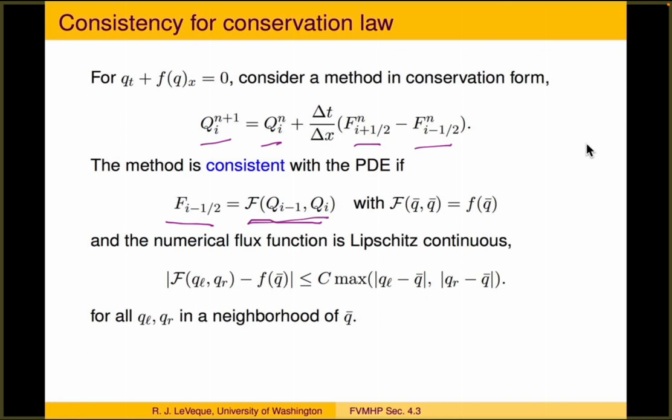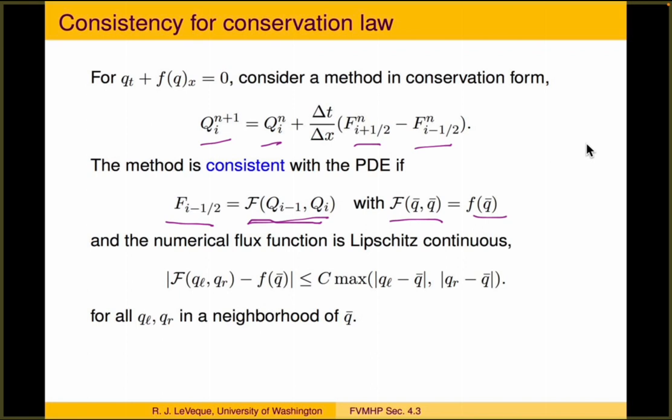That numerical flux function, and we'll see many ways to define numerical flux functions as we go along, should have the property that if we evaluate script F with both left and right states being some Q bar, then this numerical flux simply reduces to the flux f, the true flux that defines the conservation law.